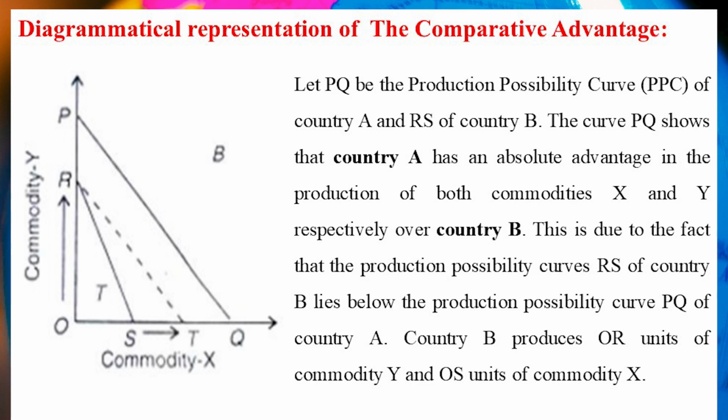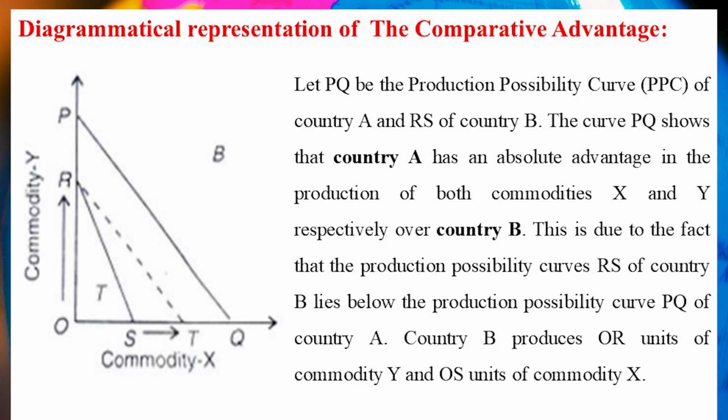In the diagram, on the y-axis we are measuring commodity Y, and on the x-axis commodity X. Let PQ be the production possibility curve of country A and RS of country B. The curve PQ shows that country A has an absolute advantage in the production of both commodities X and Y over country B.